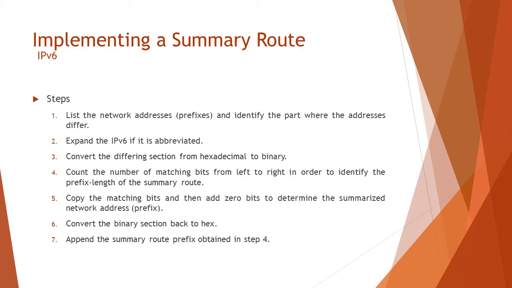Step 4. Count the number of matching bits from left to right in order to identify the prefix length of the summary route. Step 5. Copy the matching bits and then add 0 bits to determine the summarized network address. Step 6. Convert the binary section back to hexadecimal. Step 7. Append the summary route prefix obtained in step 4.